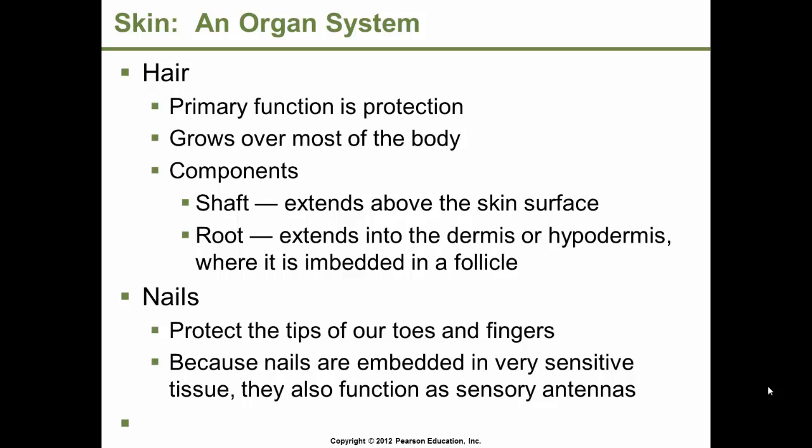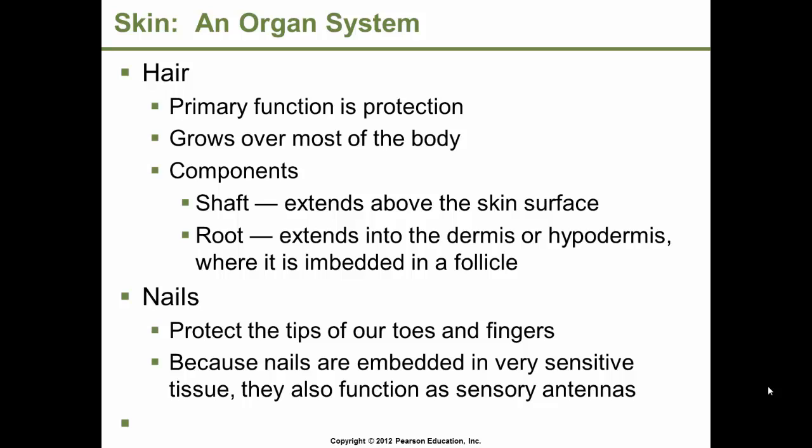Eyebrows and eyelashes help keep out particles, help keep out glare, as well as keep water from the eyes. Hair has oil glands that help keep the hair soft and pliant. You have the arrector pili muscle attached to a hair follicle, which acts to conserve heat, such as when we get very cold, that hair will stand up on our skin.